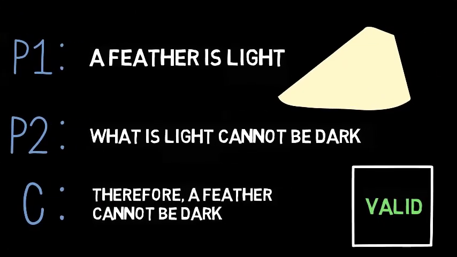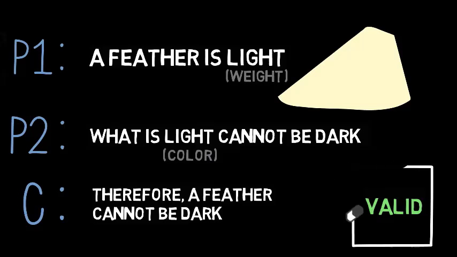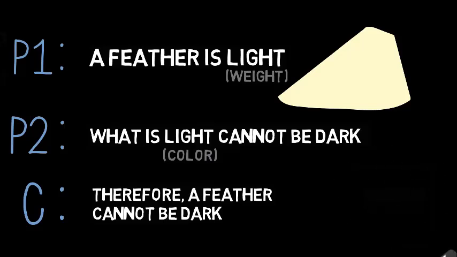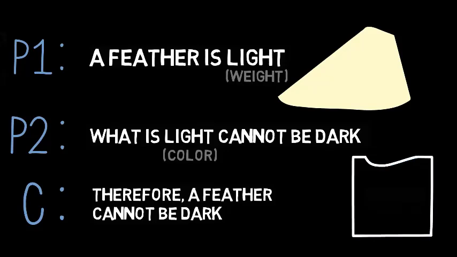But the content of our fallacious argument, given the two meanings of light, light weight and light color, yields some problems. That is, if we understand the two meanings of light, we realize that the argument actually has an invalid argument form.